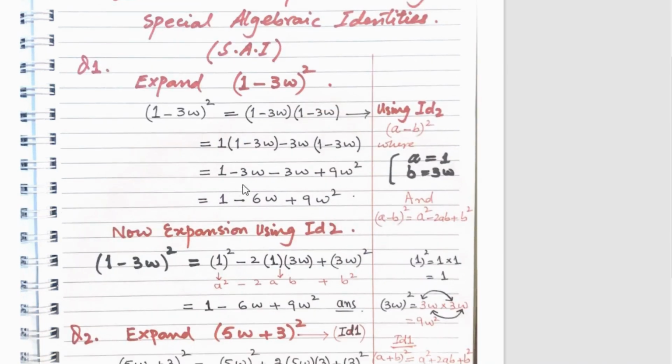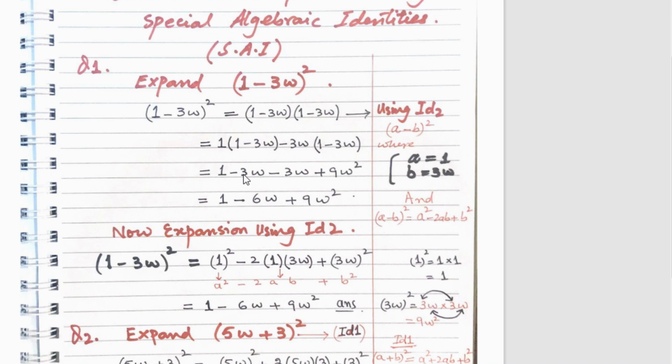Okay. Now minus 3w and minus 3w. These are two terms, same terms with same signs, so we will add them up. And the same sign will come with the answer. 3 plus 3 will be 6. In algebra, whenever we have same signs with two terms, we will add them.